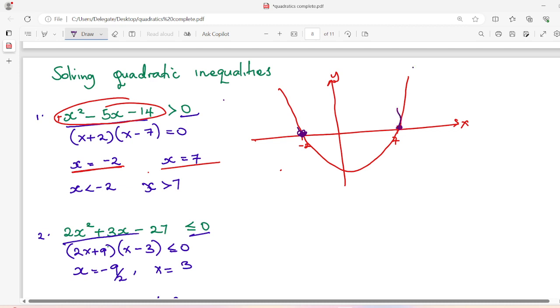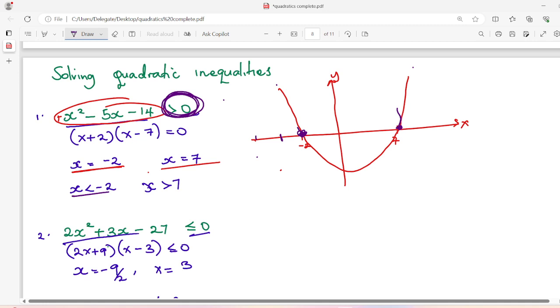But according to my quadratic inequality, I am interested in where my quadratic graph is positive. So it is positive when x is less than -2, because from this point, if I was to consider -3, I would find the graph above. If I was to consider -5, so meaning all values of x that are less than -2 would give me the graph above the x-axis.